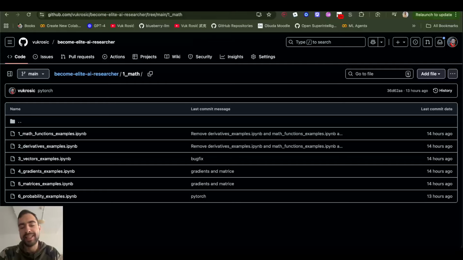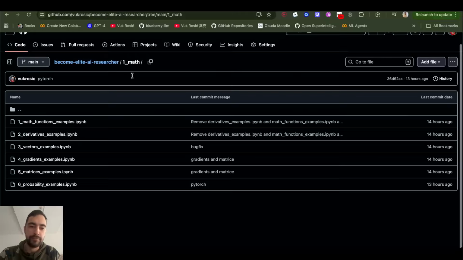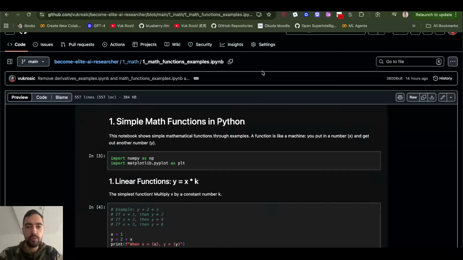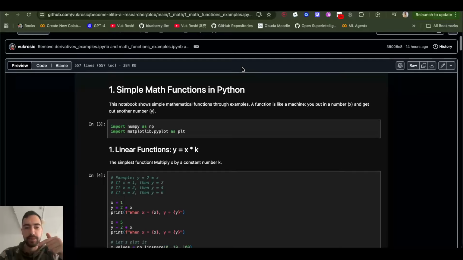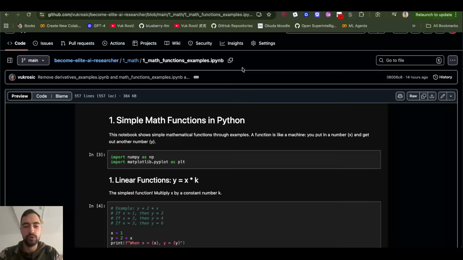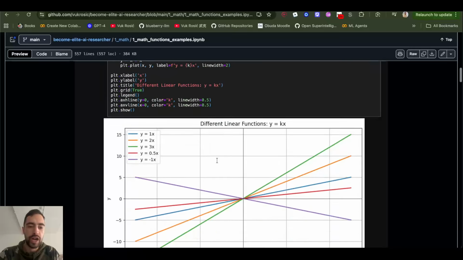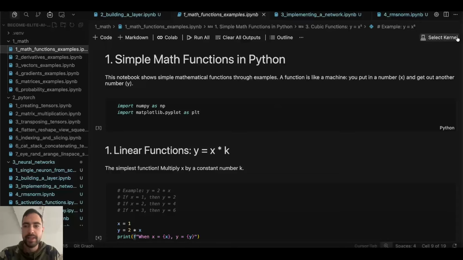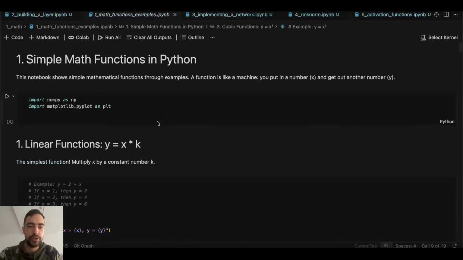Now on my GitHub repository, in the math folder, I want you to open this first Jupyter notebook. You can copy this and open it in Google Colab. As I explained, you can ask ChatGPT how to do it, or open it in your local environment, however you want to open this. And then I have it here on my local and we're gonna go through this.